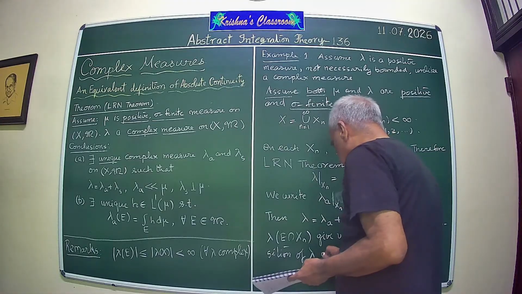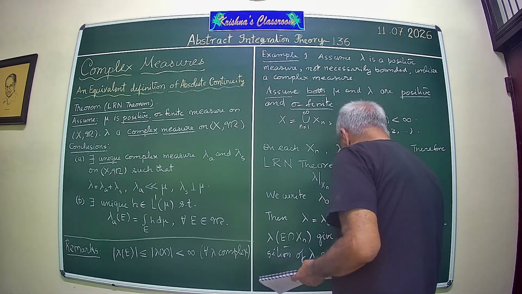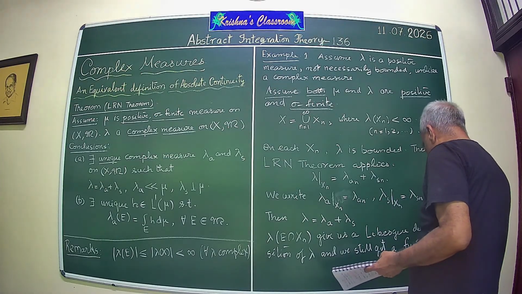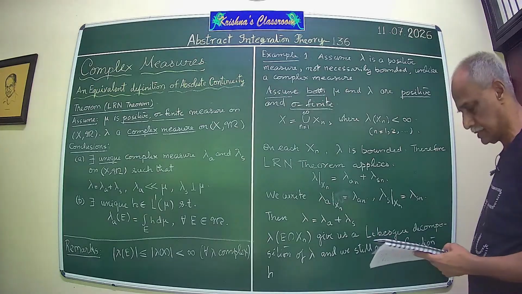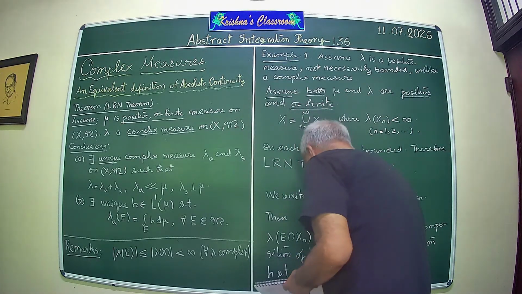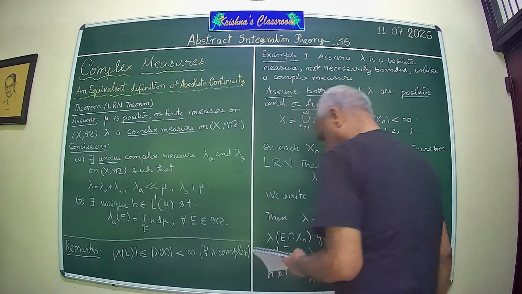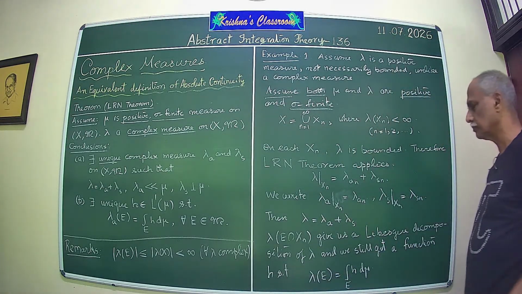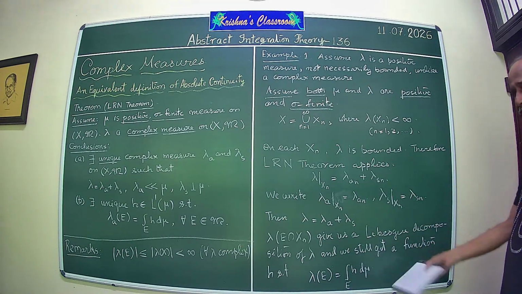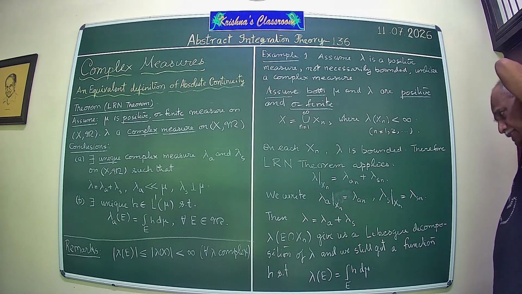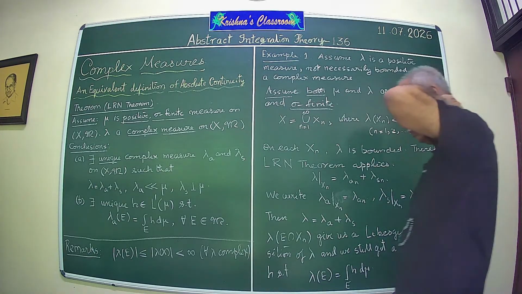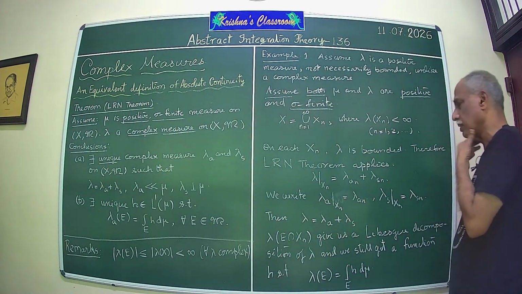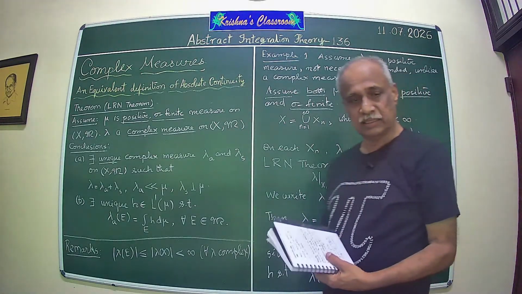And we still get a function h such that lambda_a equals h d mu. Okay, and once again, this is a similar combining process you can use and get the function h. Now, h restricted to X_n is an L1 function on that, but h need not be an L1 function on the whole of X. Okay, so this is one conclusion that we can draw.